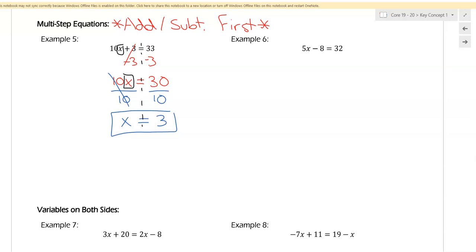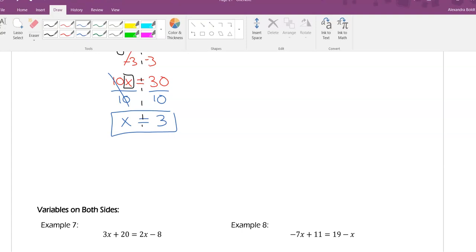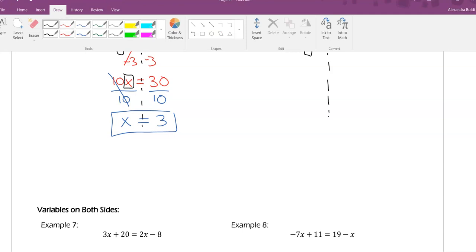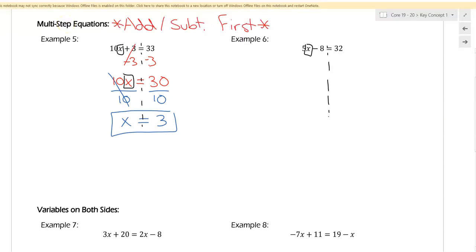Moving right along to example 6, 5x minus 8 equals 32. I'm going to draw that line. Okay, there's my x. Again, addition or subtraction first, so this has a minus 8. So that means I want to add 8 first. Cancel.